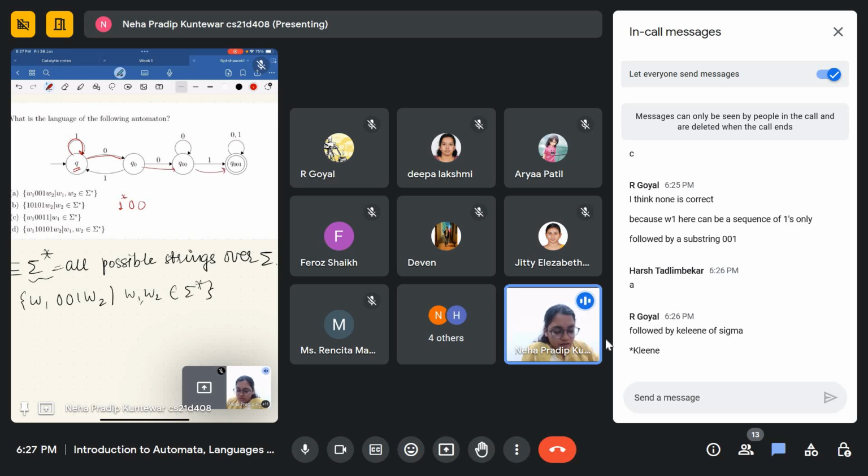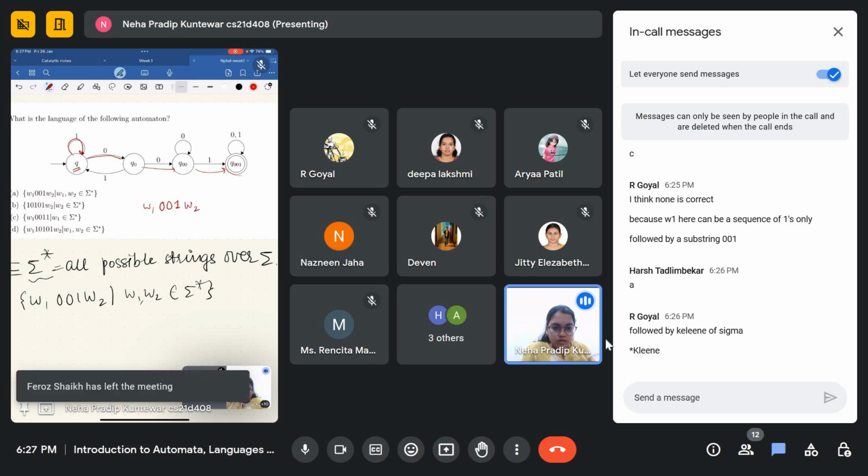And once it sees a 1, it reaches the final state, and once it reaches the final state, it continues to be there. So one thing is clear: it accepts those strings that contain 001.